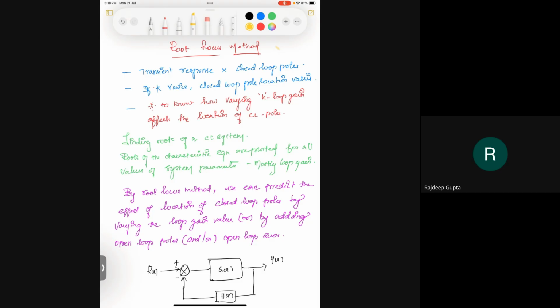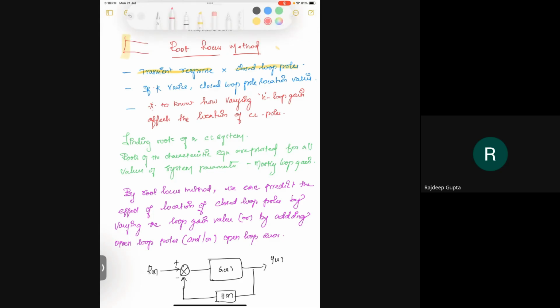Yes, ma'am. Okay. Now we know our transient response depends on the closed loop poles of a system. So whether the system gives a higher rise time or a lower settling time, or whether it is settling or not, everything depends on the transient response of the system.